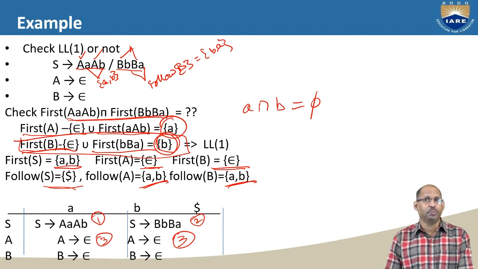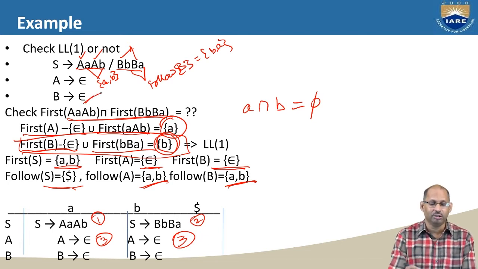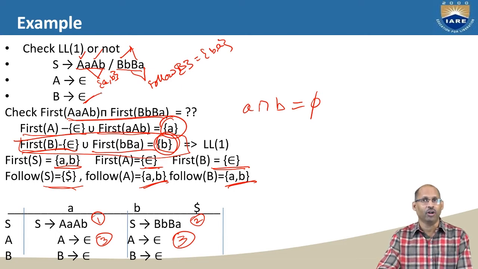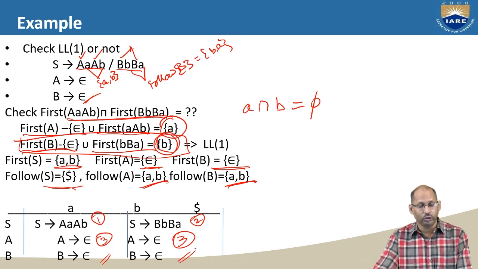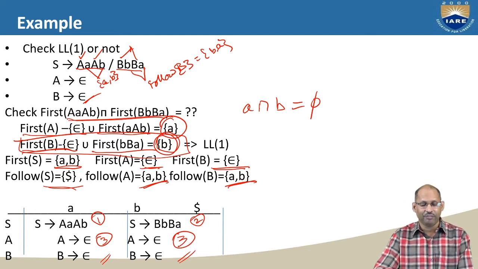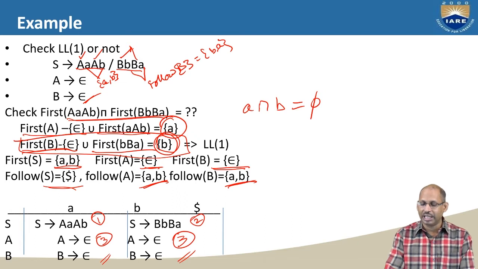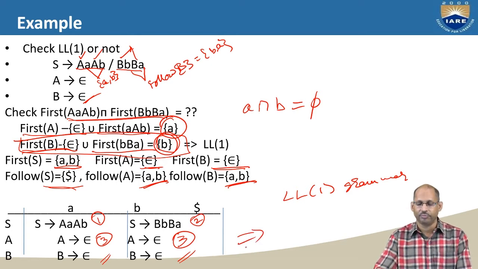Then for the fourth production, since it is epsilon, we consider the follow of B. In both A and B columns, we write the fourth production. So this is LL1 grammar.